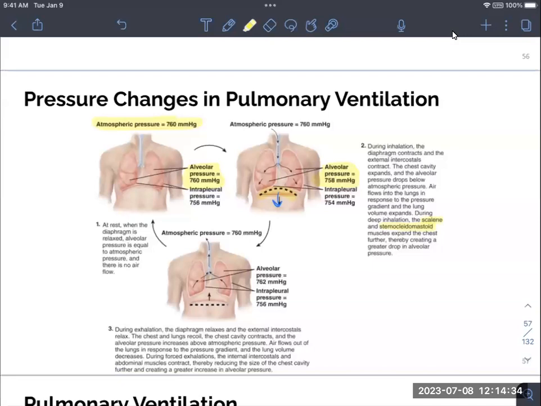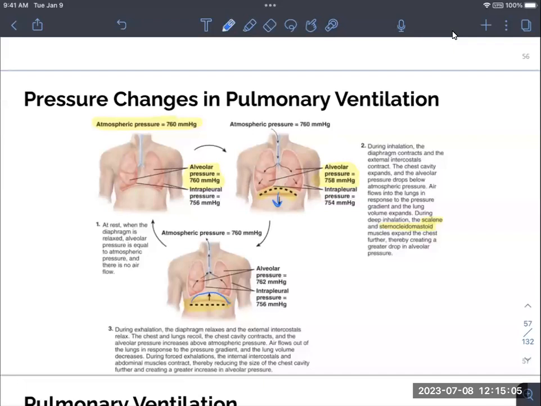So when we go to breathe out, the diaphragm goes back to its resting position. Those external intercostal muscles relax so that the rib cage goes back down to its resting position. The lungs are going to recoil, again going back to their resting condition.